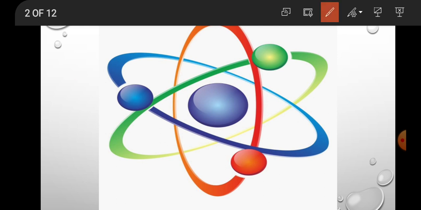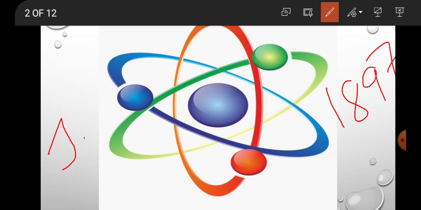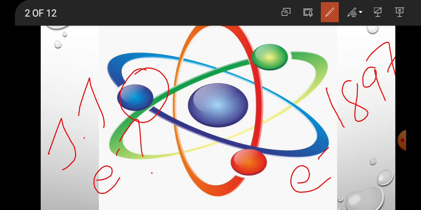Now, before this happened, in 1897, J.J. Thomson discovered that atoms have electrons, and that electrons have a negative charge, but he was not able to figure out how much negative charge an electron has, because charge is something that can come in different amounts.